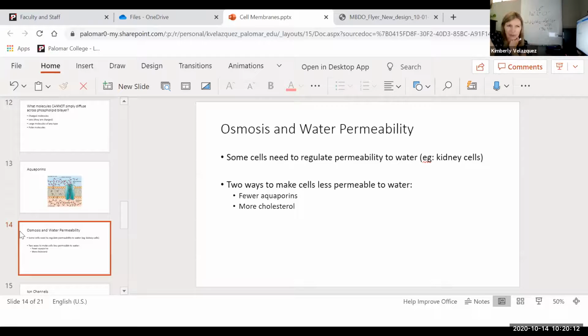So I mentioned this earlier when I was talking about cholesterol, but now this really ties in with the aquaporins also. If you watch the videos, you know that water moves toward the higher solute concentration. So if you can't move the molecule, you can move water. So if we had a cell, and let's say it has a 5 molar solute concentration inside, and this is total solutes.